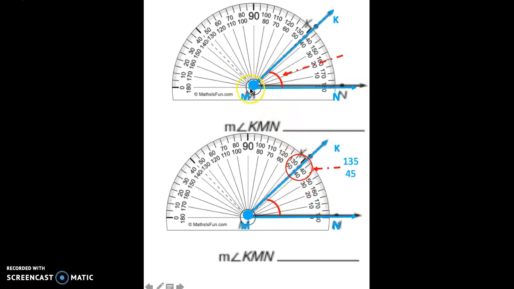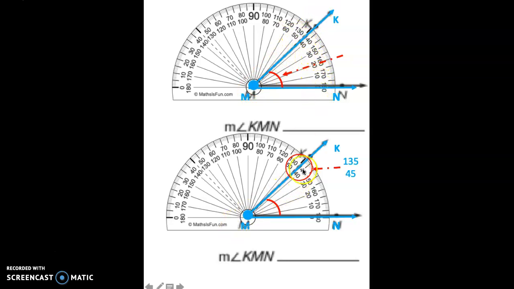Next, I'm going to look where ray MK intersects on my protractor. Again, using my knowledge of angles, I know that this is an acute angle, or a smaller angle measuring less than 90 degrees. So I'm going to use my numbers on the inside, or the smaller numbers.